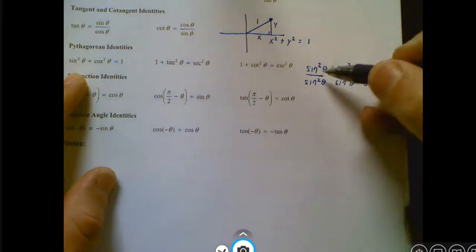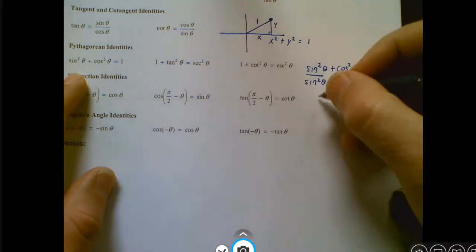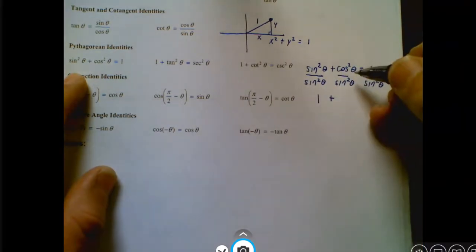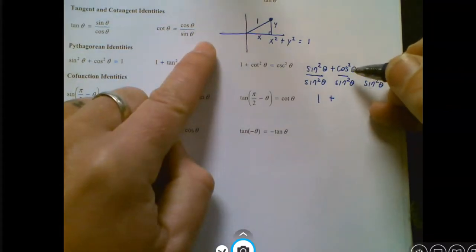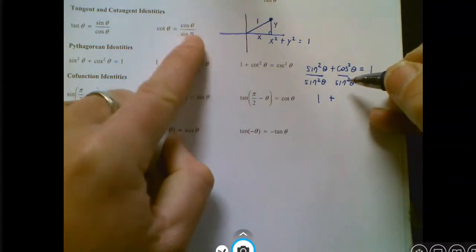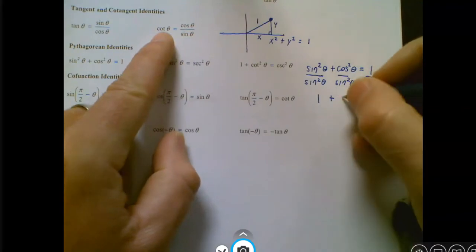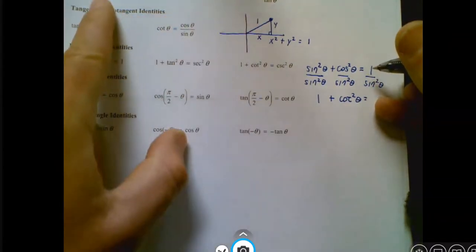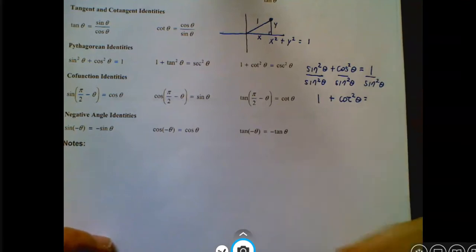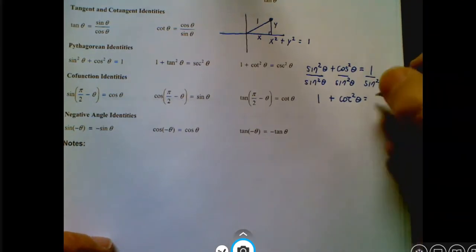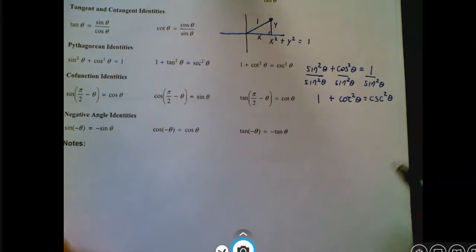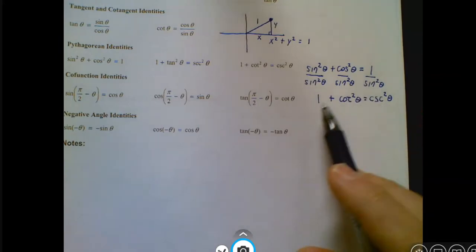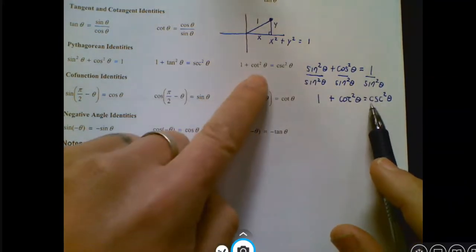When I simplify this, sine squared over sine squared is obviously 1. Up above, we said cosine squared over sine squared would be cotangent squared. And right up above over here, we said 1 over sine is the same thing as cosecant. So 1 over sine squared would be cosecant squared. And so by dividing each one of those by sine squared, I get a new identity. And that's the one that you're seeing right here.